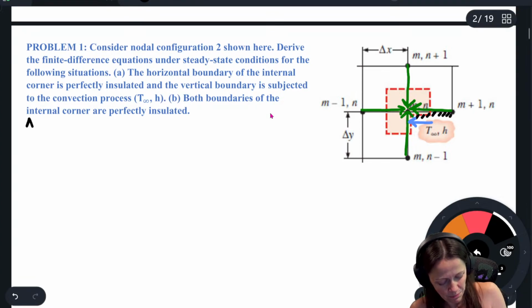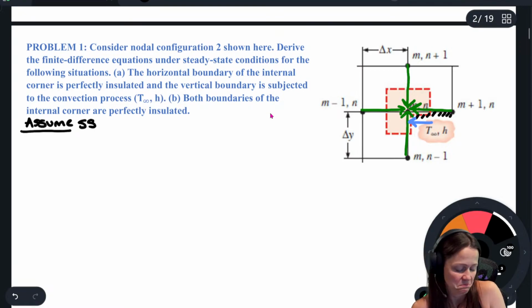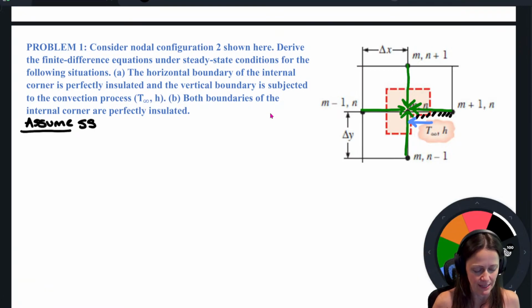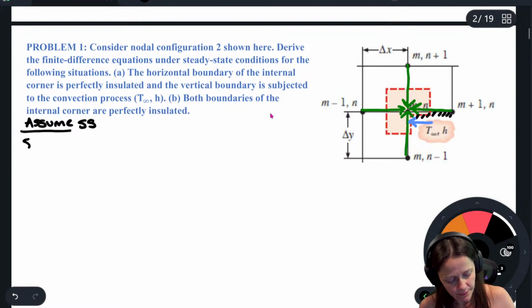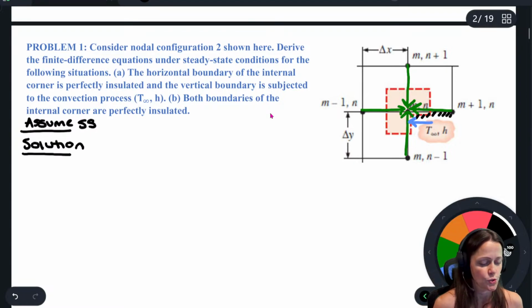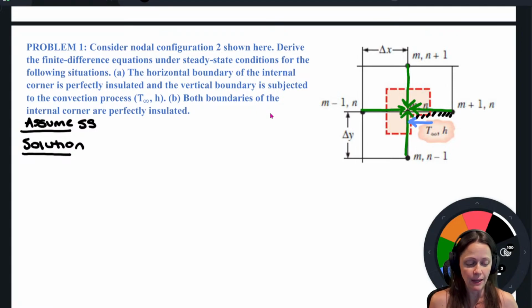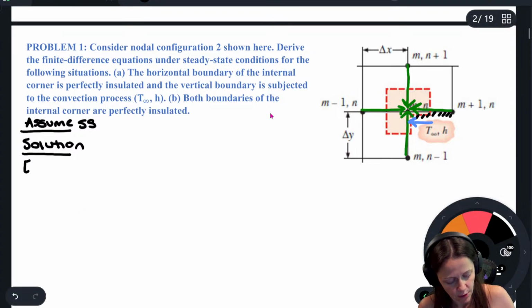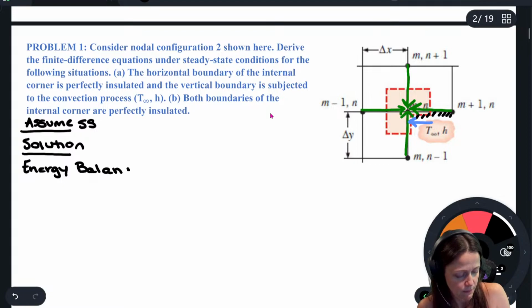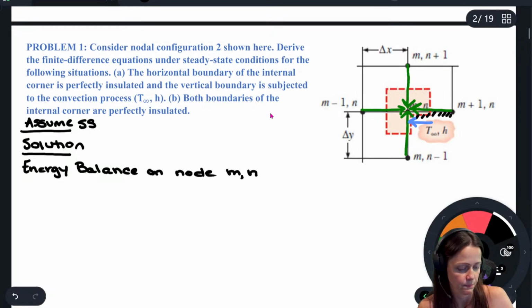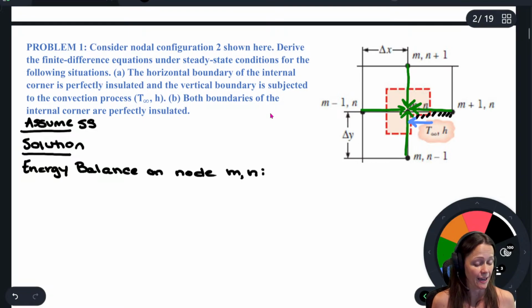All right, so assume steady state, two-dimensional, that's about it. All right, so what we're going to do is the same thing, an energy balance on that node m,n.